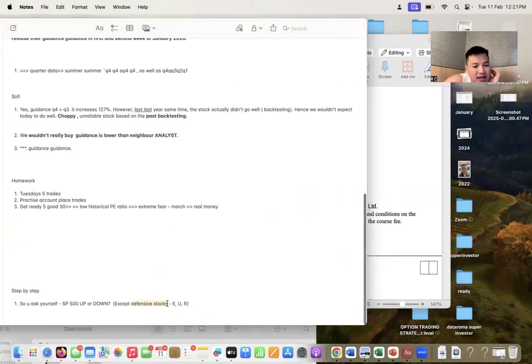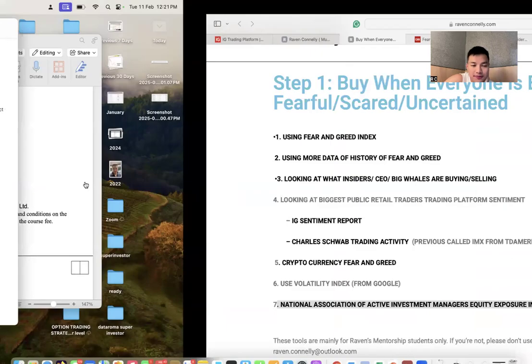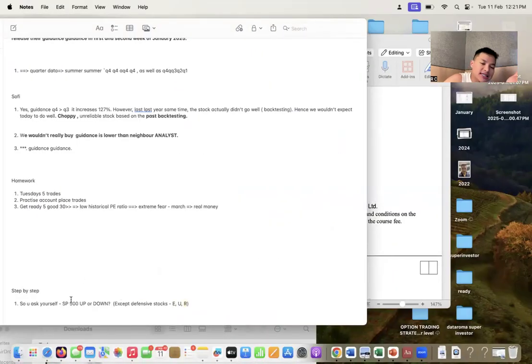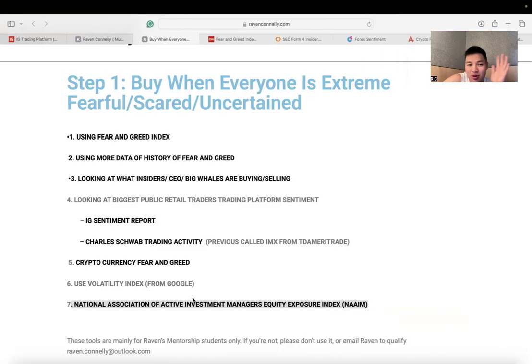Except for some defensive stocks, which are energy, utilities, and real estate stocks. Because chances are when the S&P 500 goes up, most of your stocks are going to go up: your technology, your Microsoft, your financial stocks, your consumer discretionary stocks, your Apple. Your defensive stocks normally go the other way around.